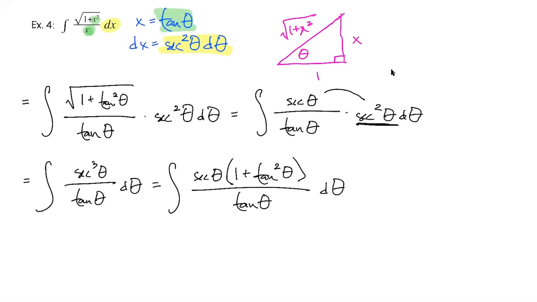Now, what I'm going to do here is take the secant, distribute it to the 1, and distribute it to the tangent squared. And at the same time, I'm going to split this one fraction into 2 separate fractions.